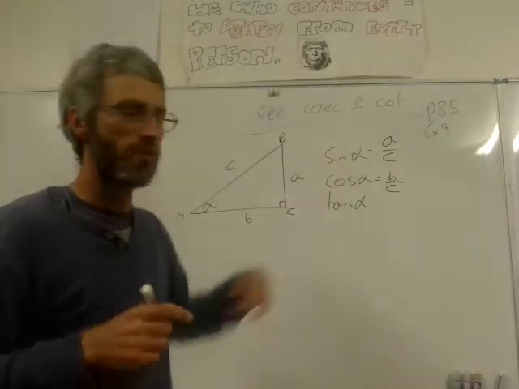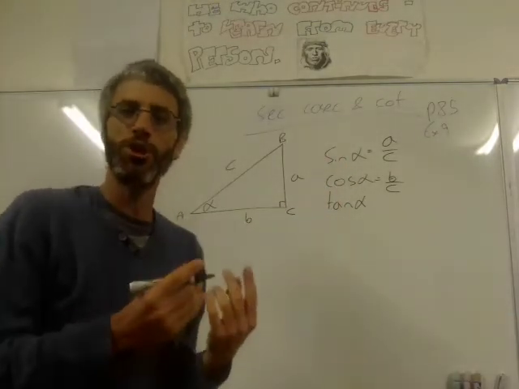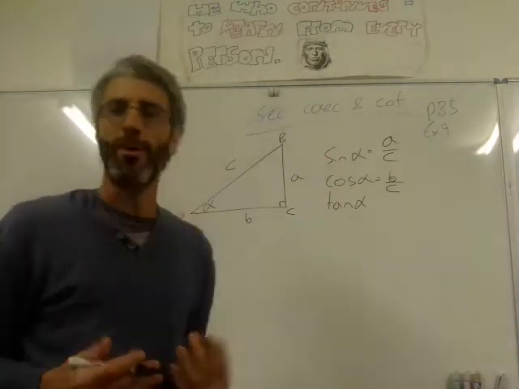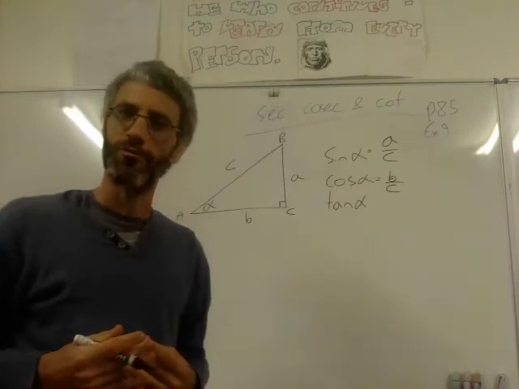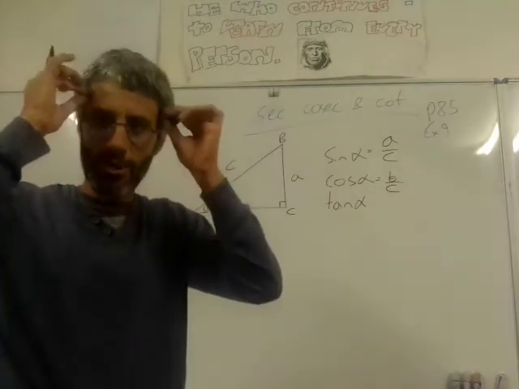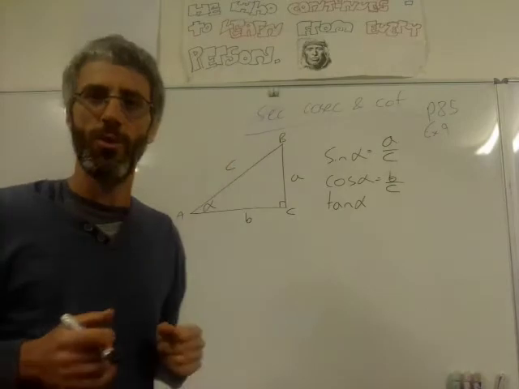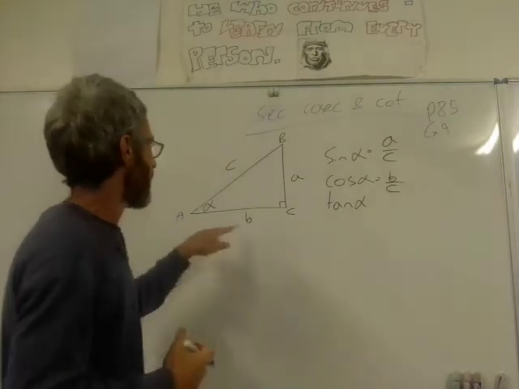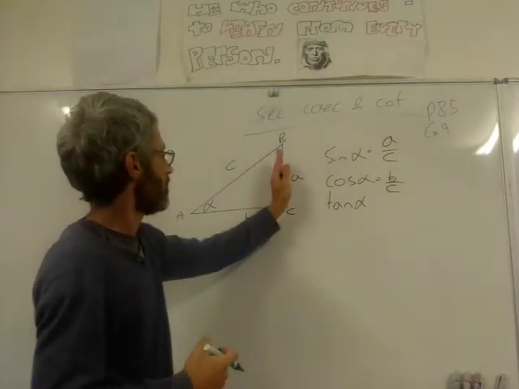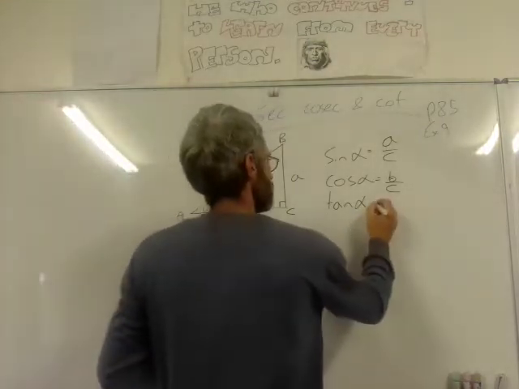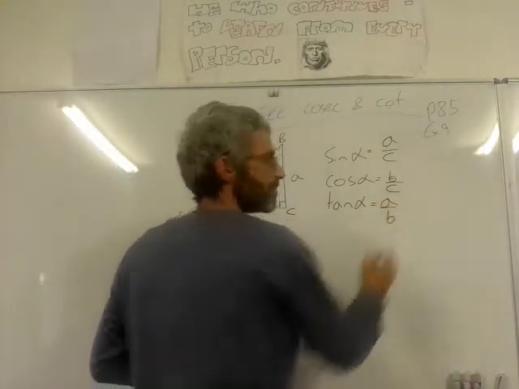If you still have to think about it too much, then you're not going to be able to solve the complex problems of which you're going to see more and more of. Okay, the basic stuff has to be, you have to be able to get it straight away, already now. Tan alpha, opposite divided by adjacent, is A over B.